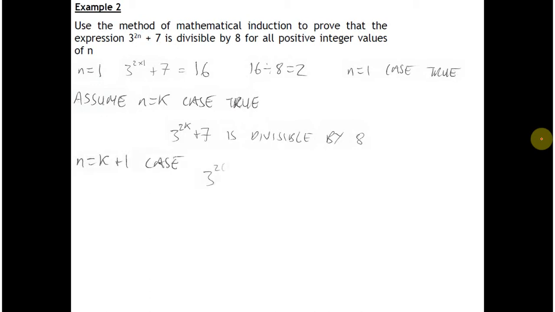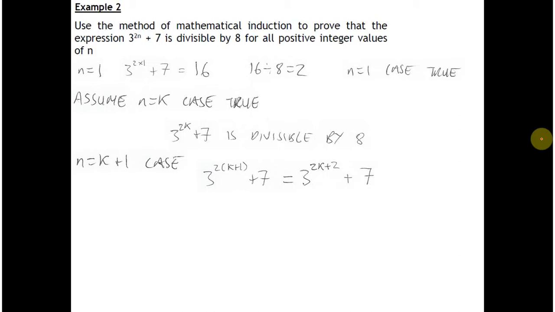So we want to show that 3^(2(k+1)) + 7 is divisible by 8. So as I say, we need to basically rewrite it so we get 3^(2k) + 7 somehow from that expression. So multiplying out that bracket, we've got 3^(2k+2) + 7.